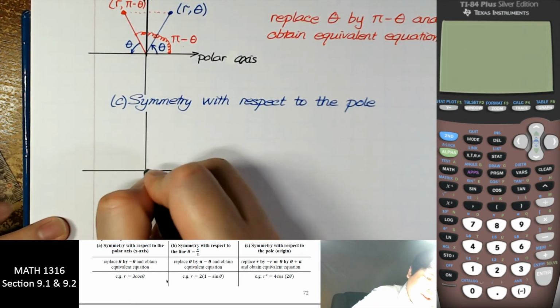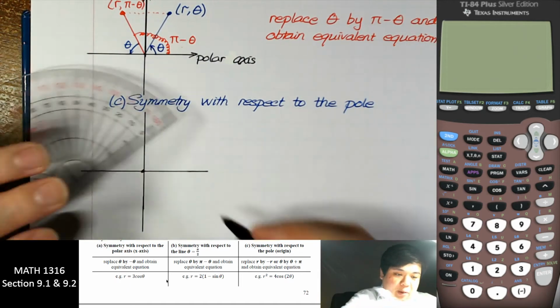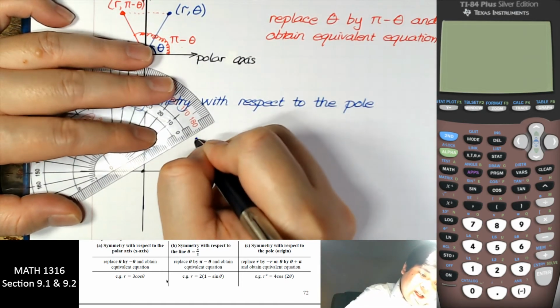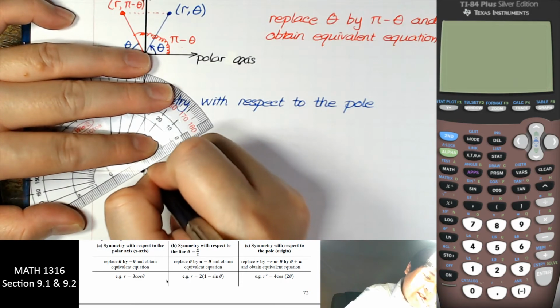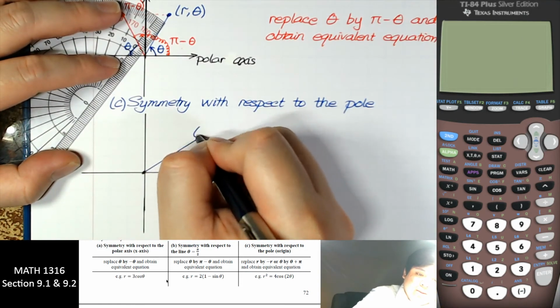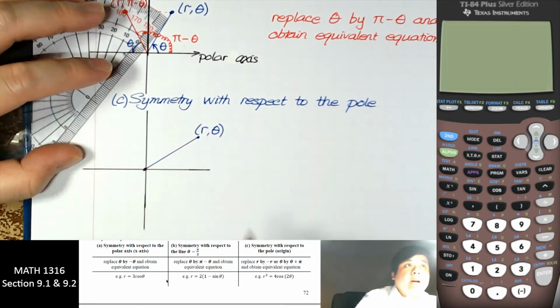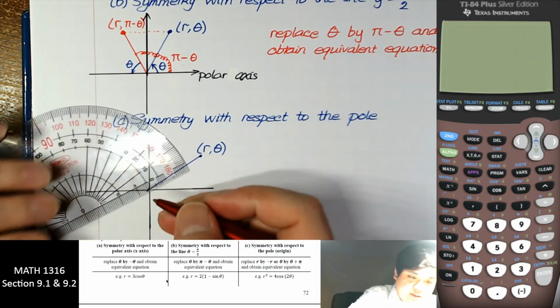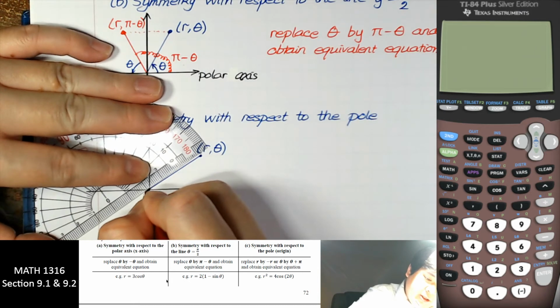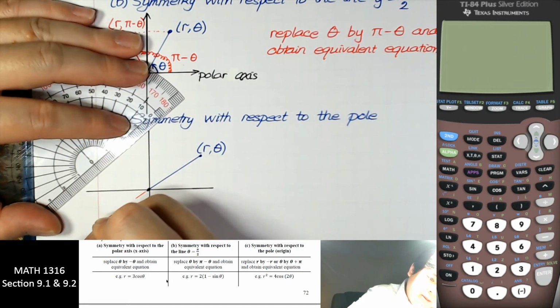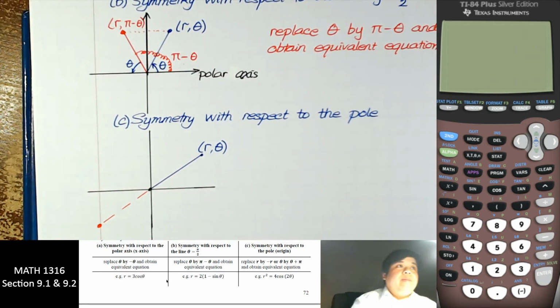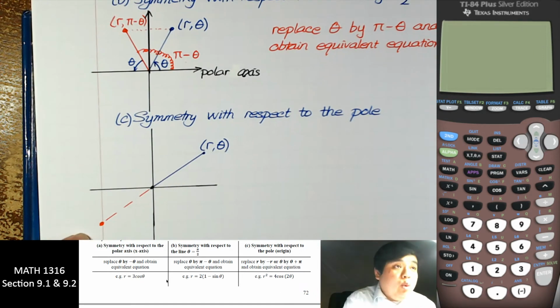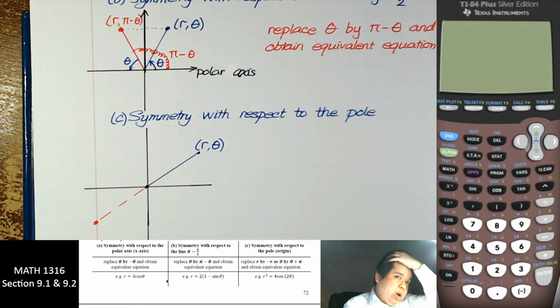If we have a point about here, we're trying to go to the opposite direction, to the point here. How do we represent that in terms of polar coordinates?